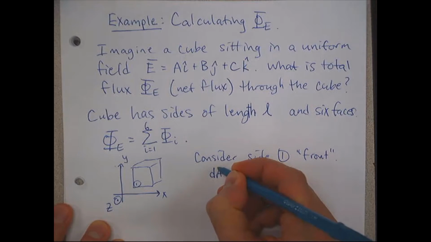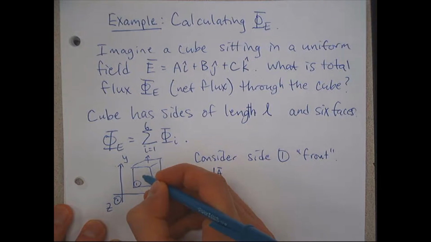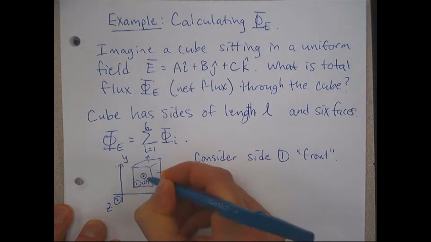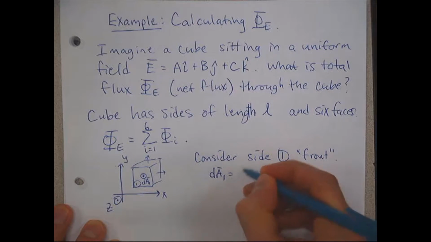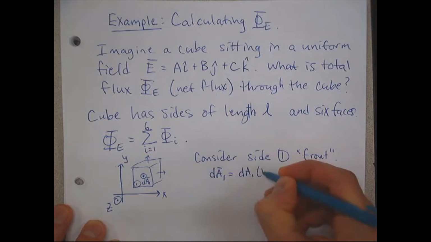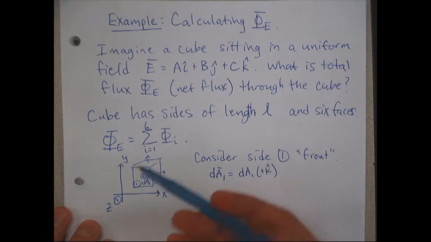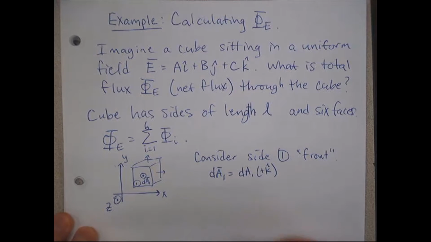Each face has its own individual dA vector, but this one is coming out of the page at you. Called dA1, it has magnitude dA1 and points in the plus k hat direction. We'll assume the cube is oriented parallel to the 3 usual axes, x, y, and z.